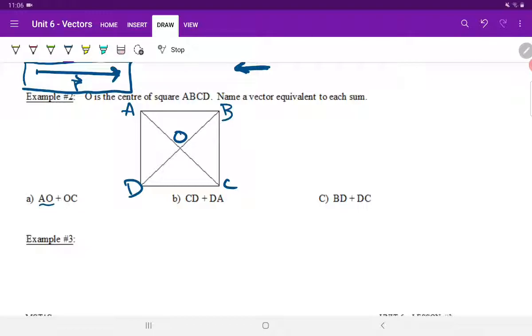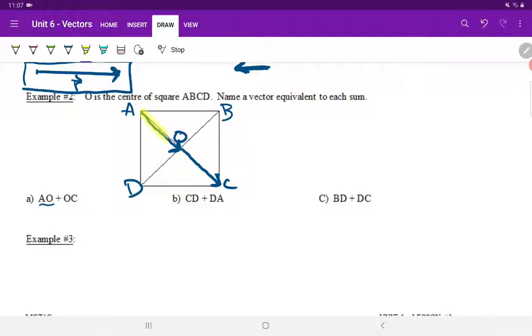So if I have AO, so meaning this right here, and my arrow is going in this direction because it's AO, meaning the starting point is at A, and it's going towards O. Plus OC right there. Name a vector that is equivalent to that sum.